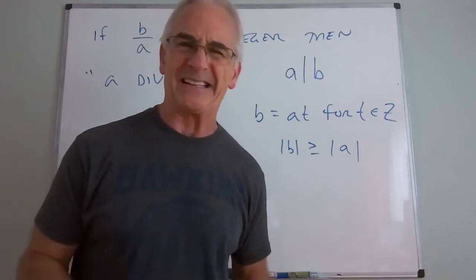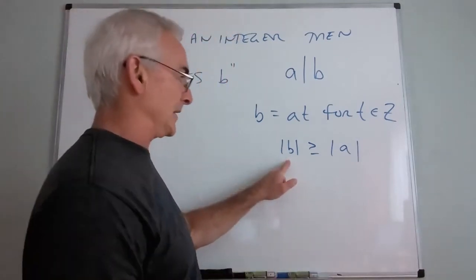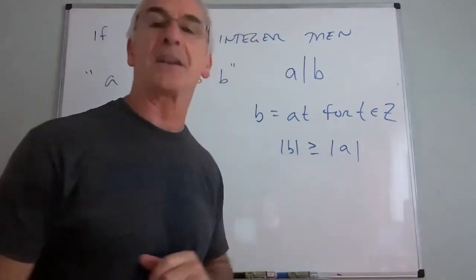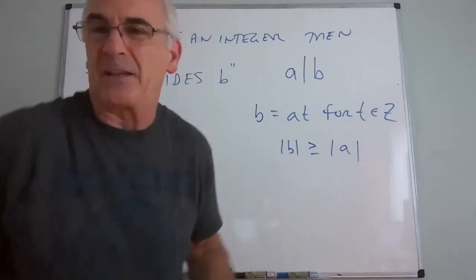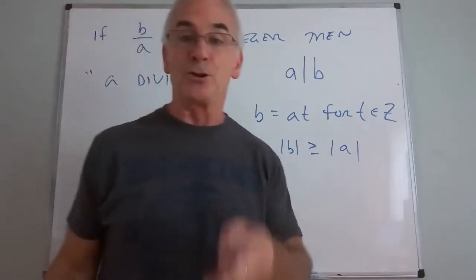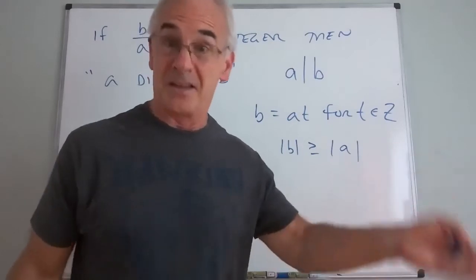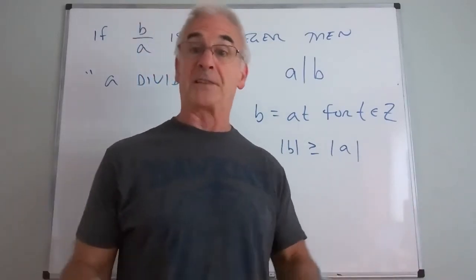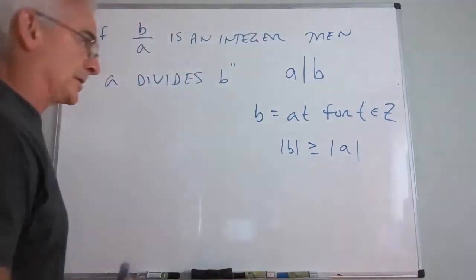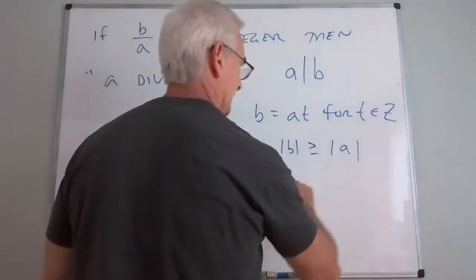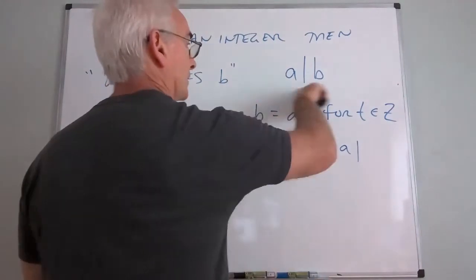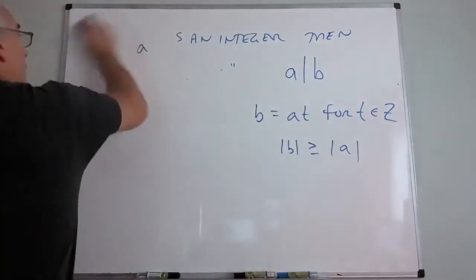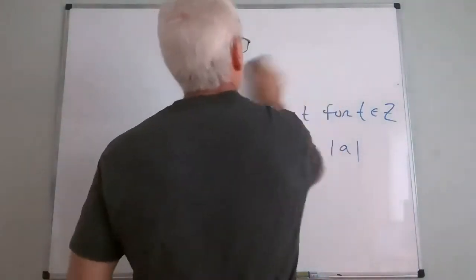I don't want to get dicey. So it means the size of B is at least as big as the size of A, right? Because again, they could be opposite signs. The number 2 does divide -2, but -2 isn't bigger than 2, but its absolute value is equal to 2. So that's why I want to make, this is a minor detail, but sometimes it makes it clear which way we're going here.